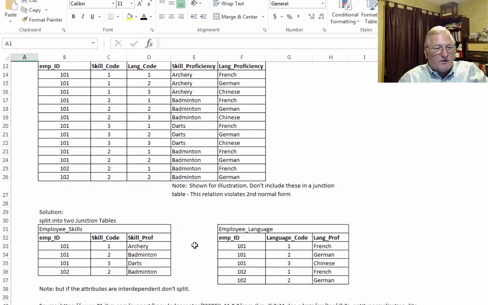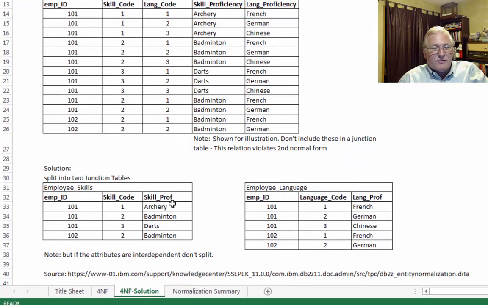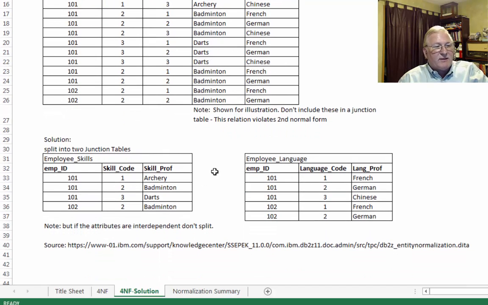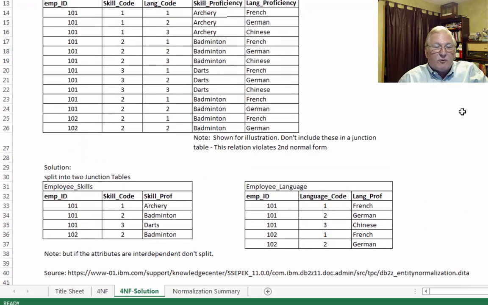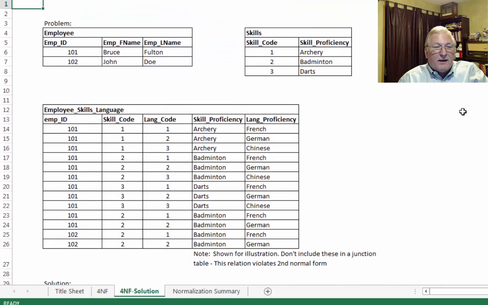And so again, leaving the descriptions in here just for the sake of illustration, but you wouldn't want to make your junction table look like that. We would split this into two junction tables, one with employee ID and skill code, that would be one junction table, and another with employee ID and language code. So this would get us into fourth normal form.